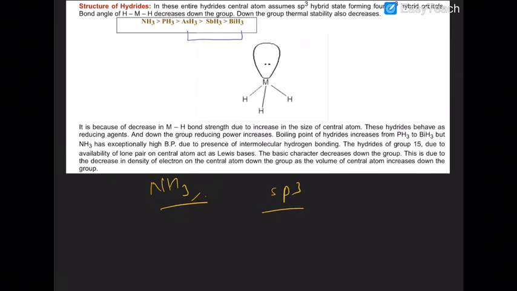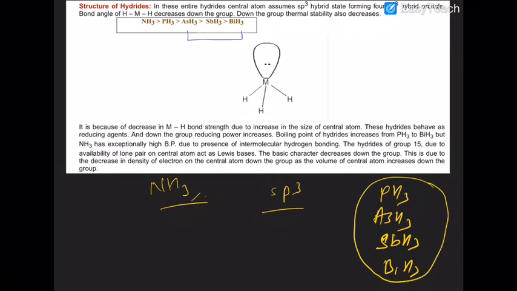Other hydrides like PH3, AsH3, SbH3 and BiH3 will use the pure p orbitals for bonding purposes. Are you sure about that? Clearly understood?